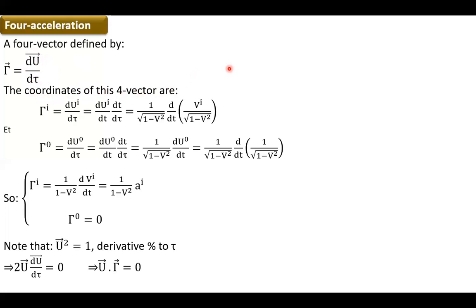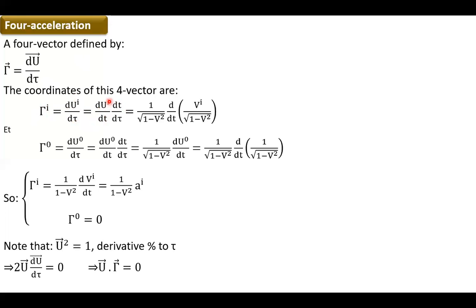It has 4 coordinates, beginning with the 3 spatial coordinates, gamma i. It means gamma 1, 2, and 3, so along x, y, and z. So it's gamma 1, gamma 2, gamma 3, which by definition is equal to dui over d tau. You can always multiply it by dt over dt.